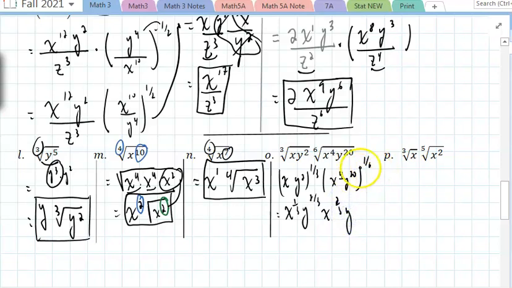And 20/6 is 10/3. And when I get to the x's, those have the same denominator. I write an x. 1/3 plus 2/3 is 3/3, which is 1. And 2/3 plus 10/3 is 12/3. 12/3 is a 4.